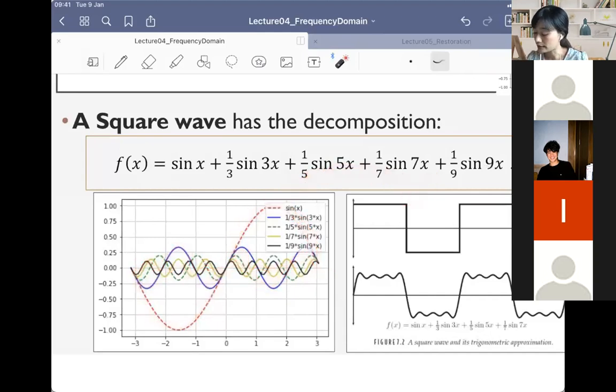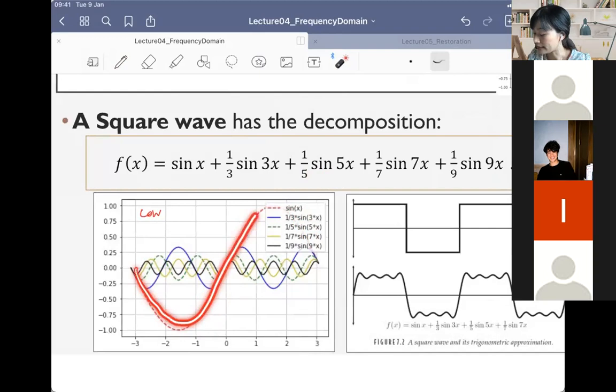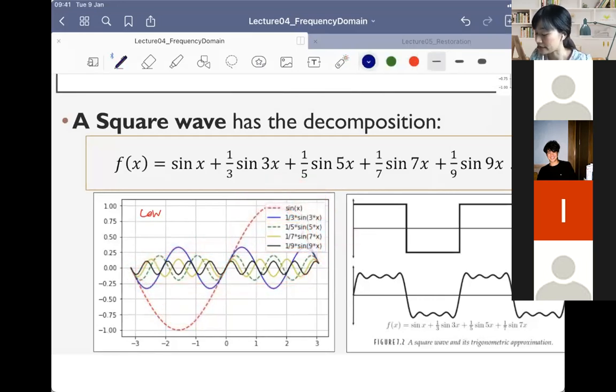So the red one, do you think it has high or low frequency compared to the blue and the green and yellow? Low frequency, right? So it has low frequency, and you see that the sine wave alone cannot create the square wave. There is some information missing, right? And that's the small wave here, which has the higher frequency.